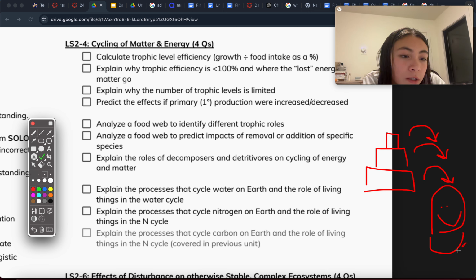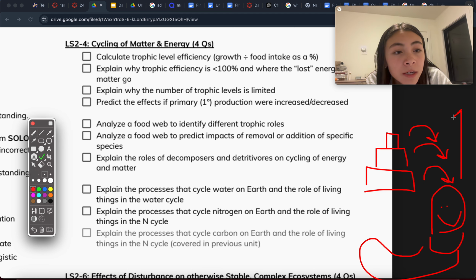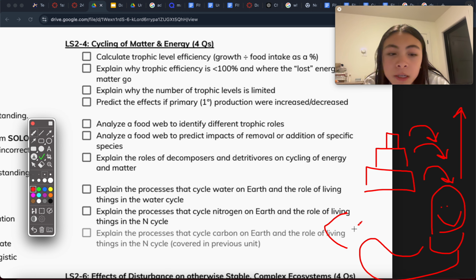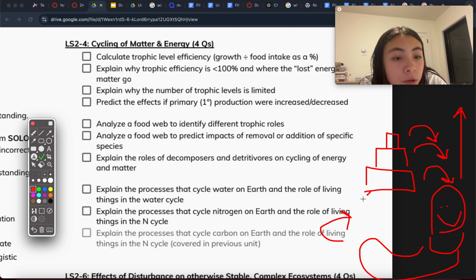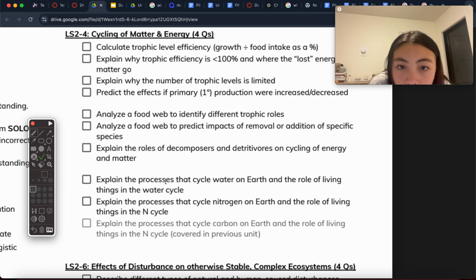What that's going to do is eat up the waste, the poo, and then send it back into the atmosphere as carbon. Yay, go decomposers. It's also going to recycle that material back into the soil, which is going to go to the producers, which is going to help the whole entire chain. So decomposers are very important.